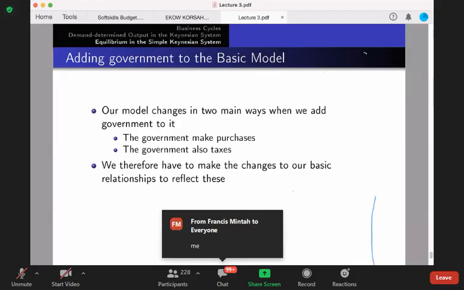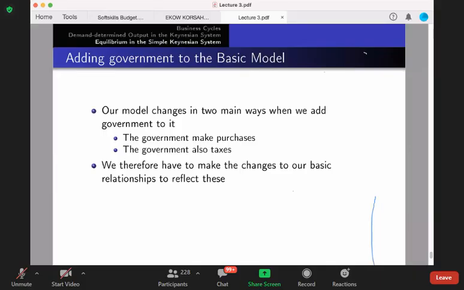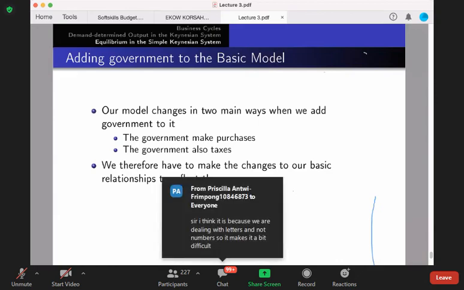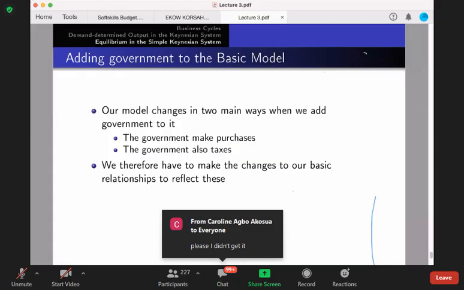Just unmute yourself. Hey, Francis and Nicole, you all didn't get it. You can unmute and talk, any of you. Any of you who didn't know how to get it, just let me know. Just unmute and let's talk.